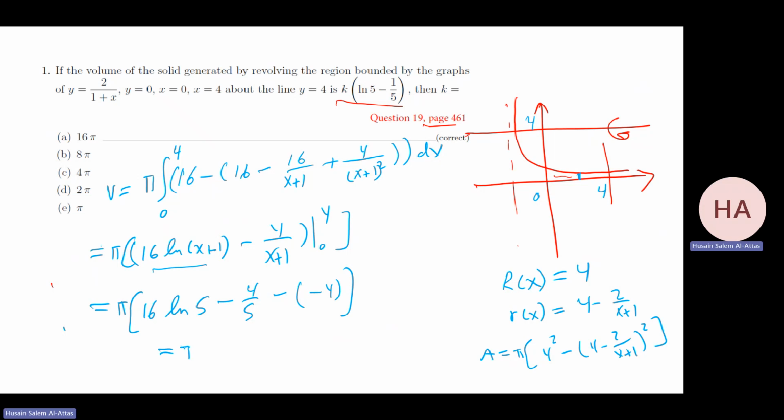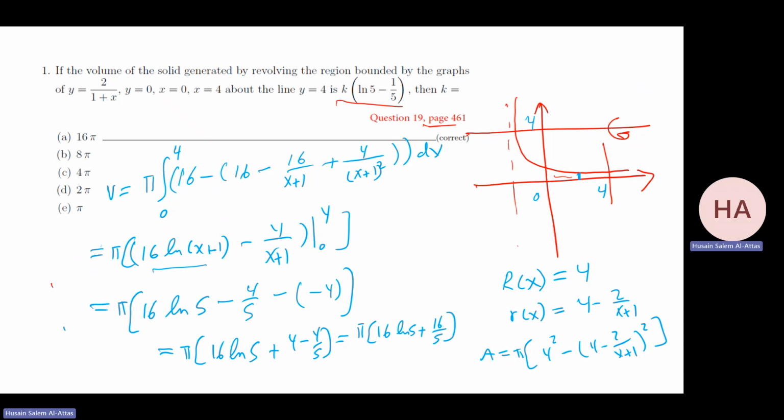That gives me 16 ln 5 plus 4, which is 20 over 5, minus 4 over 5. This is 20 over 5 minus 4. That will be 16 over 5. So 16 ln 5 plus 16 over 5.